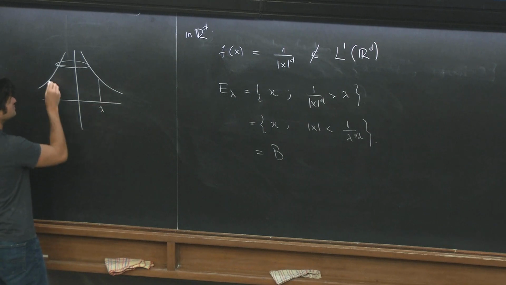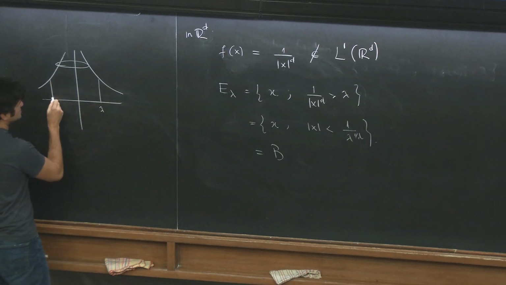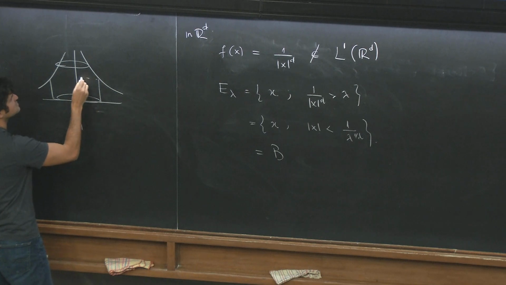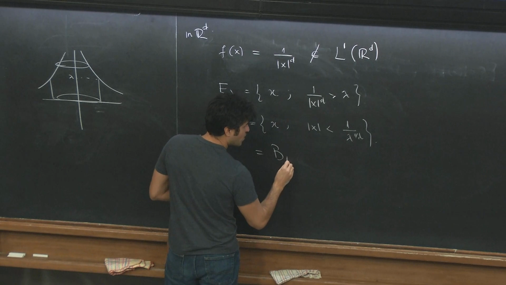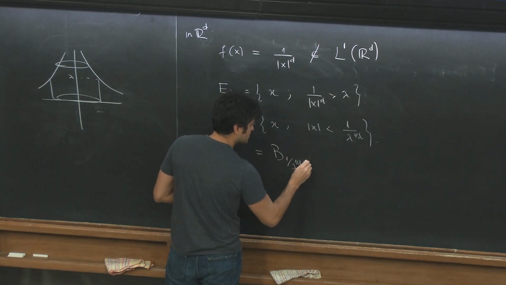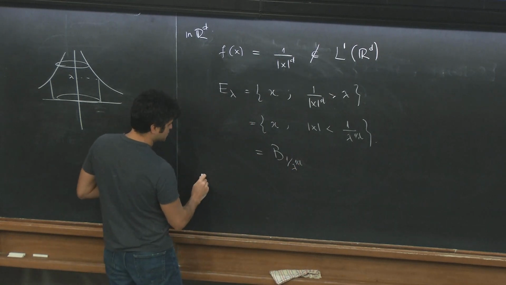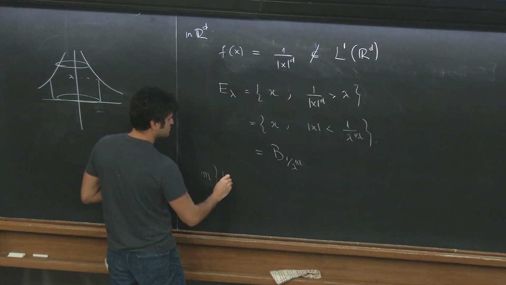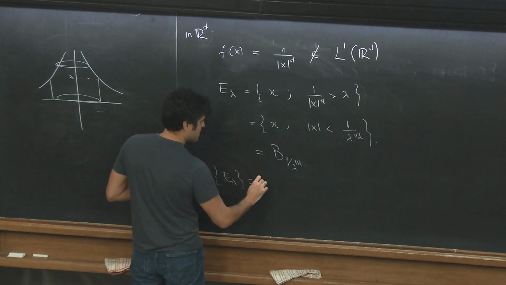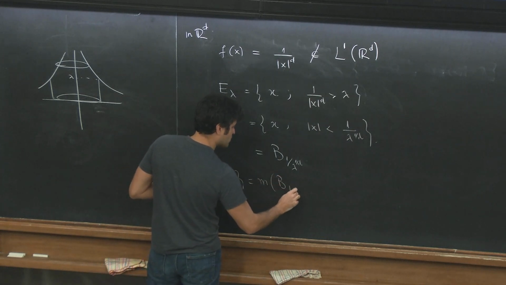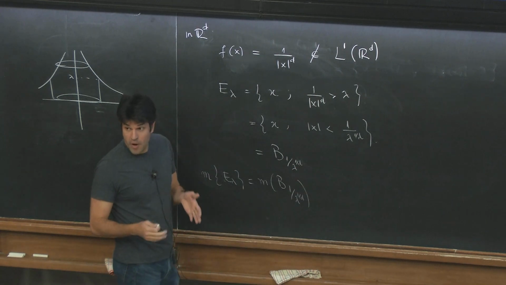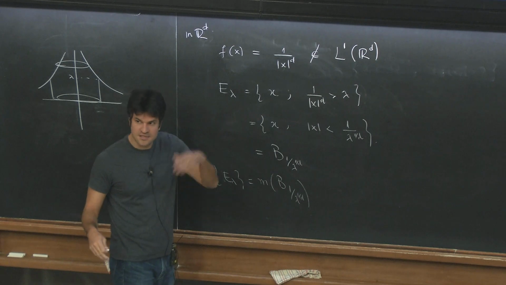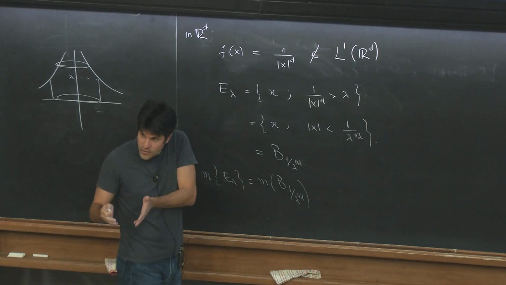So if I put lambda here, this is the ball, the set of points where my function is bigger than a certain lambda. It's a ball near the origin, of radius 1 over lambda to the 1 over d. Now, what's the Lebesgue measure of this ball? The Lebesgue measure of a ball of radius r in Rd is a certain constant times the radius to the d.